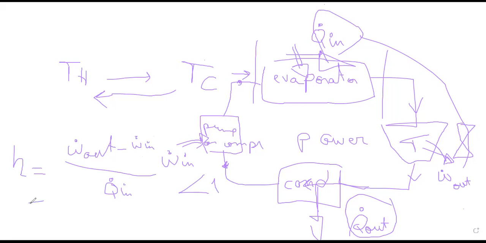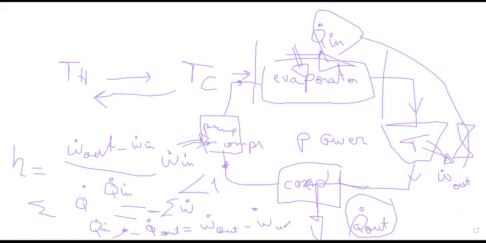And of course, the thermal efficiency is always smaller than 1. Why? Because for this cycle, the sum of Q dot equals the sum of W dot. And with the convention we are using, everything getting in is plus and everything getting out is minus. So at the end, Q dot in minus Q dot out, because I am losing Q dot out, equals W dot out minus W dot in.